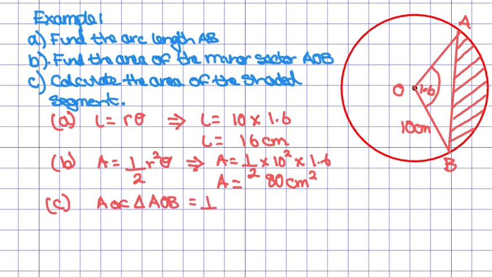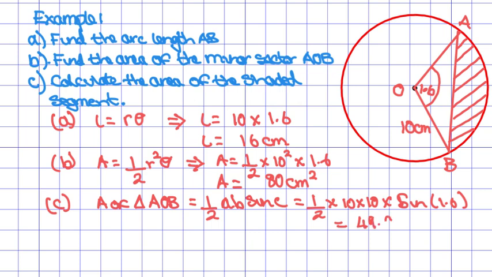is a half AB sine C, which is a half times 10 times 10 times sine 1.6 radians, which equals 49.9786 centimeters squared.